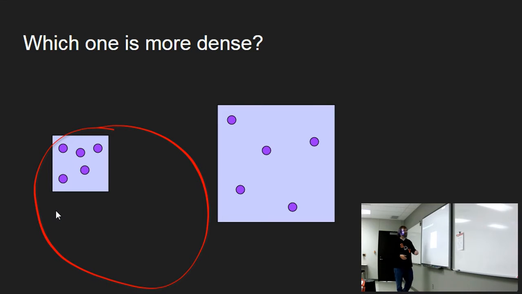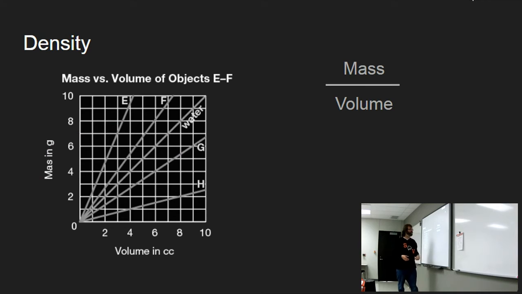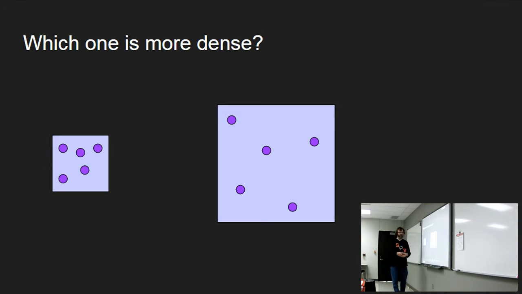Now let's take a look at another scenario. Now, instead of changing the number of holes, what I've done is I've changed the volume, or the amount of space there is. Both of these objects have 5 holes or 5 people in them, and so now it changes our answers again. Imagine this is from the top of the city skyscraper again. Which one is more dense?